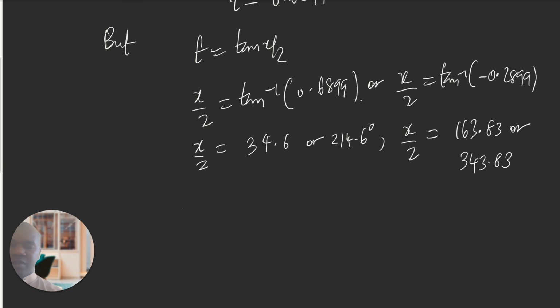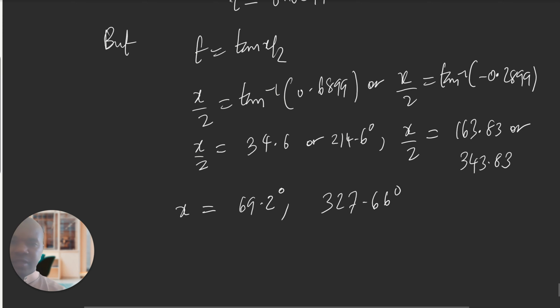And mind you, we are looking for x, so we have to multiply by 2 throughout. 34.60 multiplied by 2, x is 69.2 degrees. Then 214 multiplied by 2 will be more than 360, no need of it. Then 2 times 163.83 gives 327.66 degrees.